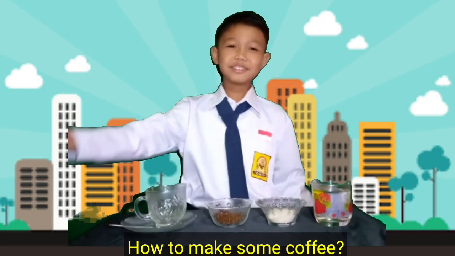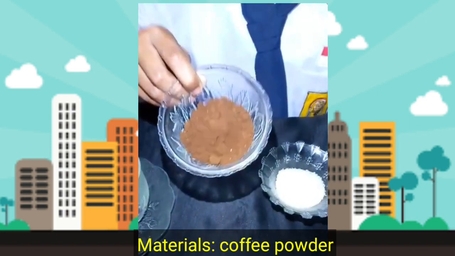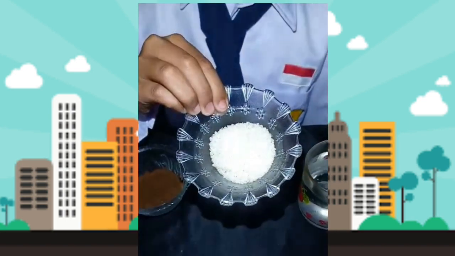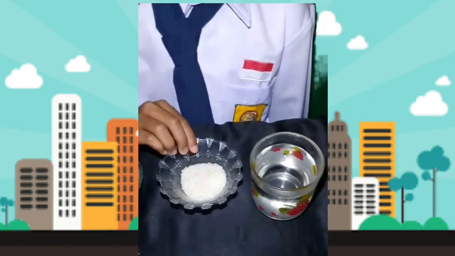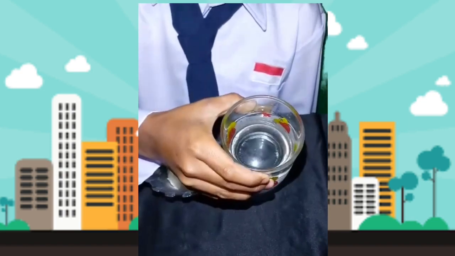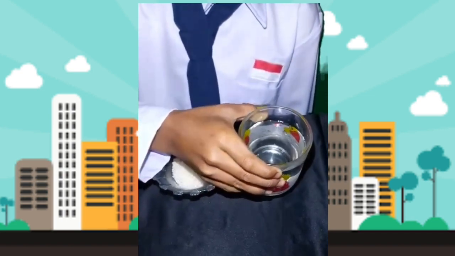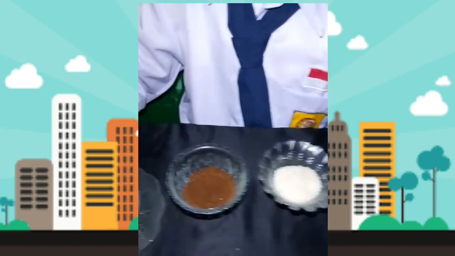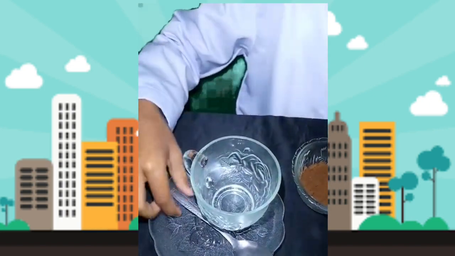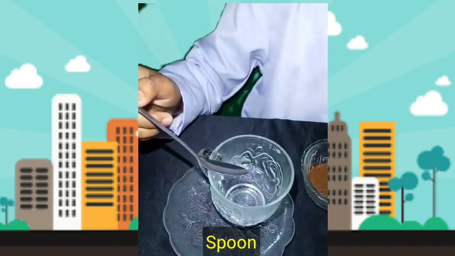How to make coffee. Materials: coffee powder, sugar, hot water, cups, spoon. Steps.